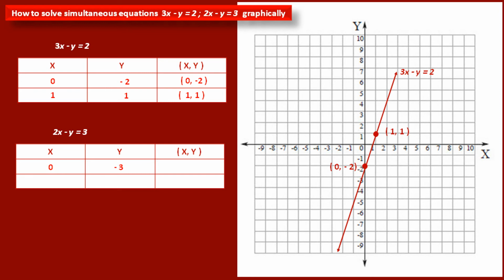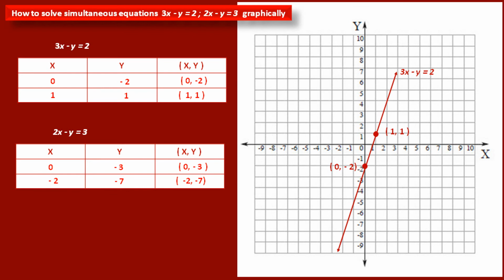And therefore, the point has coordinates 0 comma minus 3. So to find second point, let us take the value of x as minus 2. By putting this value in equation, we get a value of y as minus 7. And therefore, the second point has coordinates minus 2 comma minus 7.